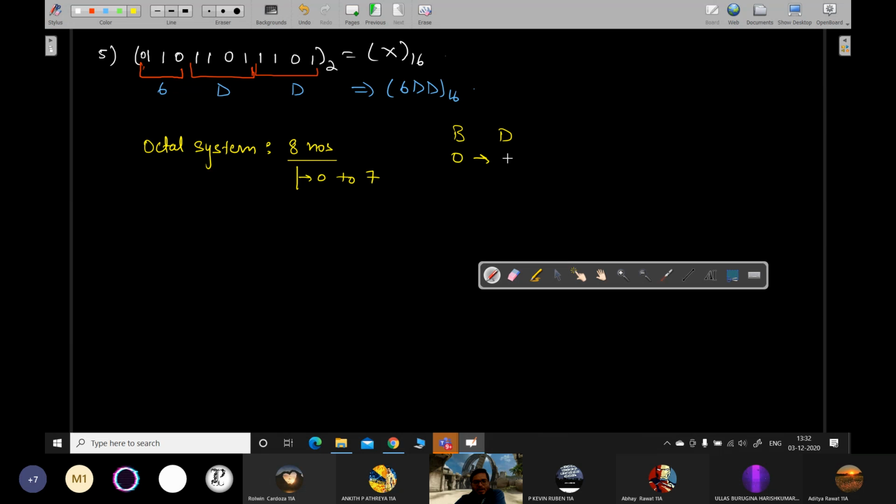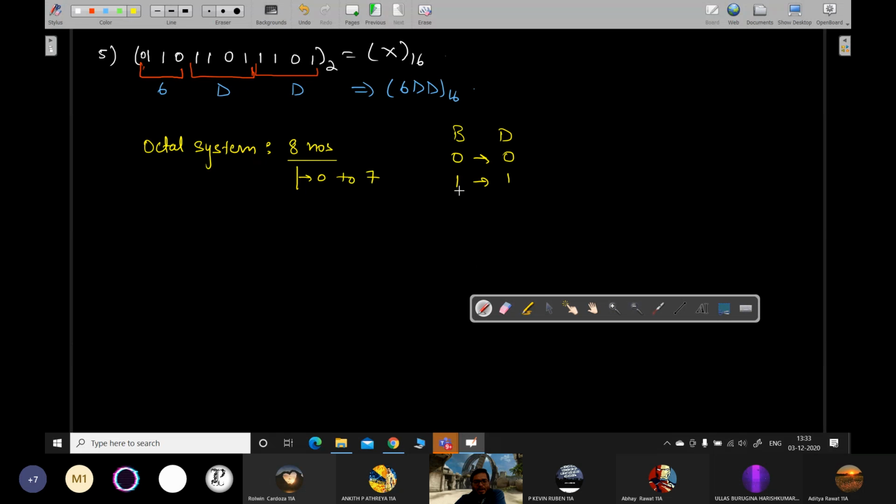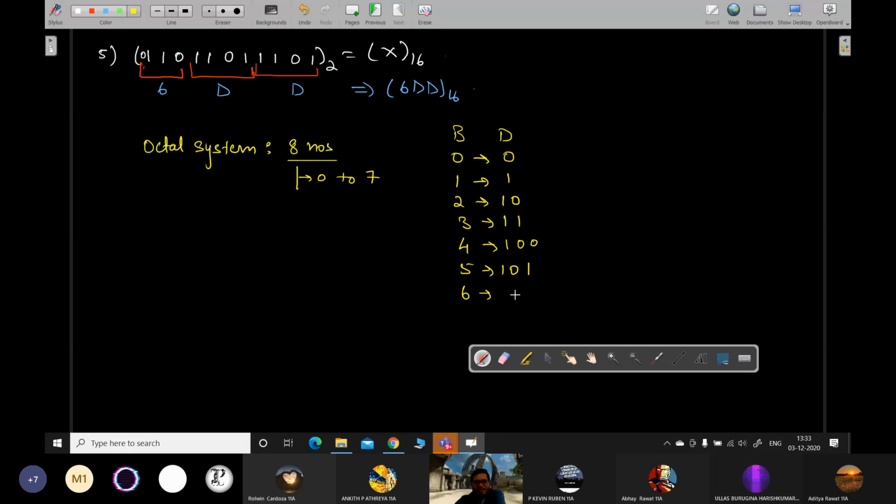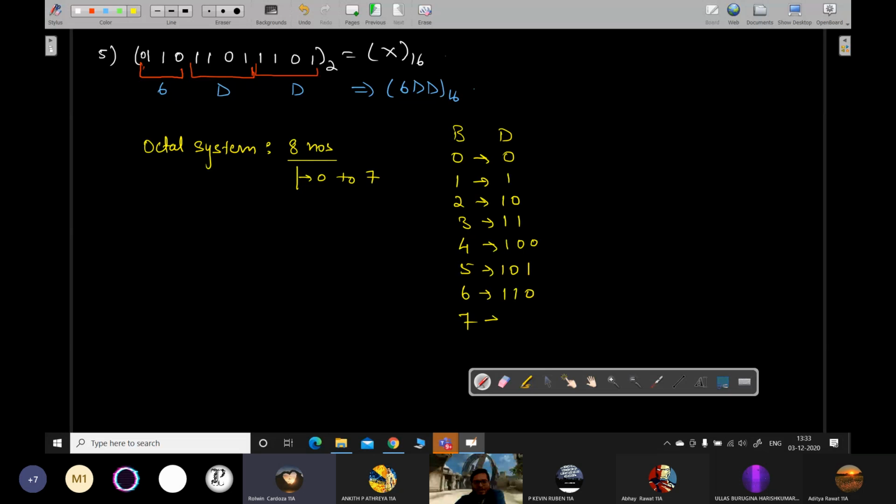So 0 in decimal will correspond to 0 in binary. 1 corresponds to 1. 2 corresponds to 1, 0. 3 corresponds to 1, 1. 4 corresponds to what? 1, 0, 0. 5 is 1, 0, 1. 6 is 1, 1, 0. And 7 is 111.